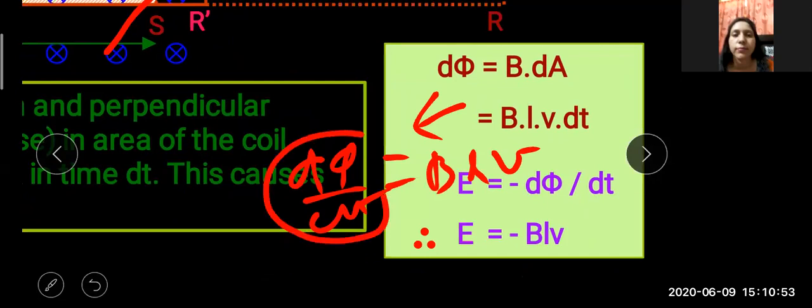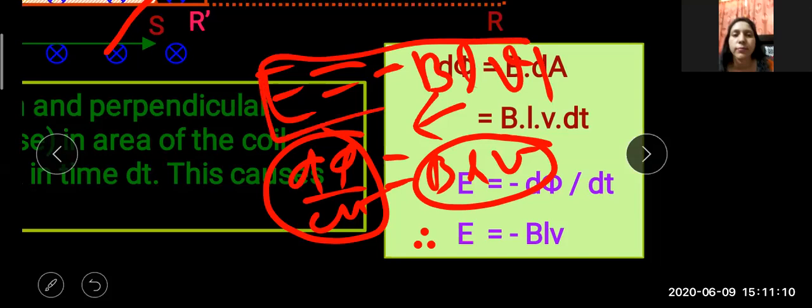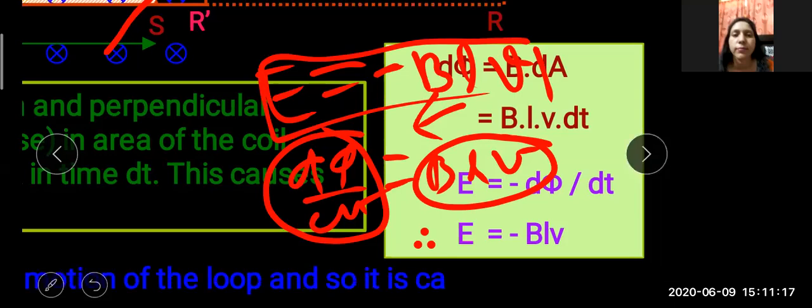From Faraday's law, E equal to minus d phi over dt. Here d phi over dt is BLV, so it is minus BLV. I hope this is clear to you. E equal to minus BLV.